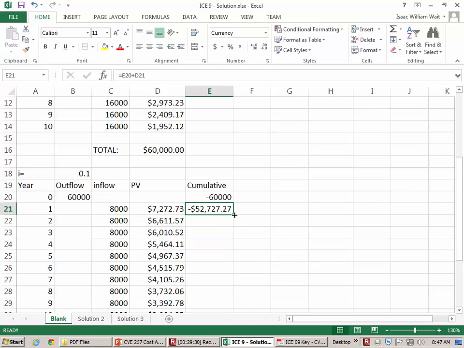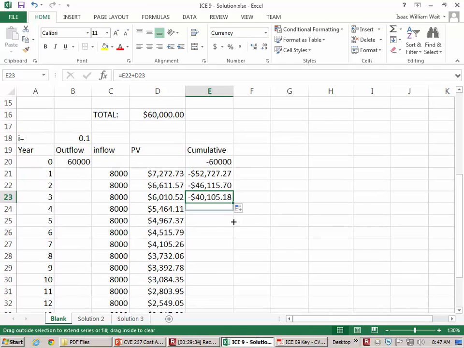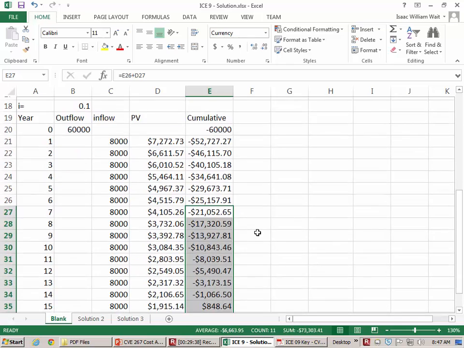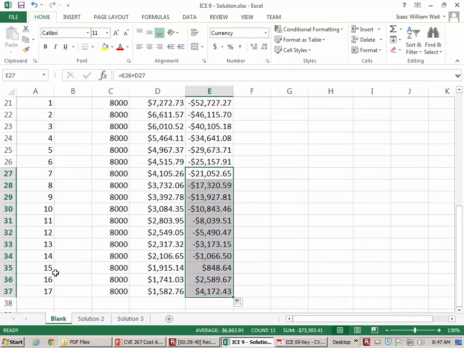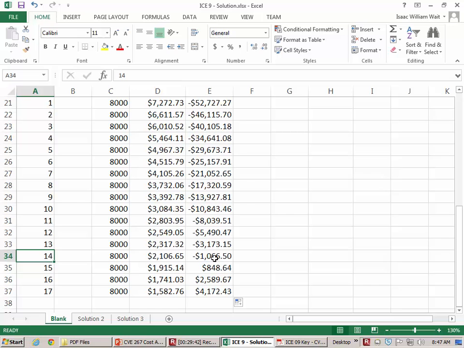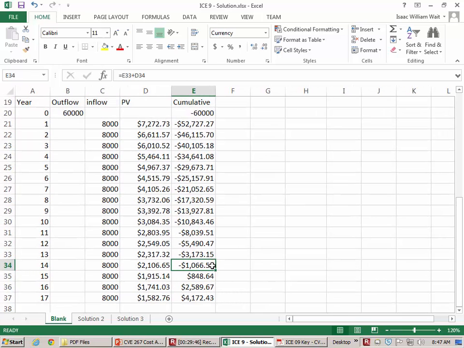It's getting a little bit better each year, getting the money back. And so the question is, when does that cross 0? We can see that it's the same answer as we got from the table. In year 14, there's still a little bit of money that hasn't been recouped, but then in year 15, this contractor is making a profit.